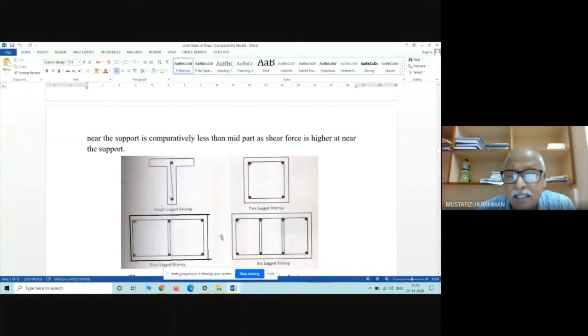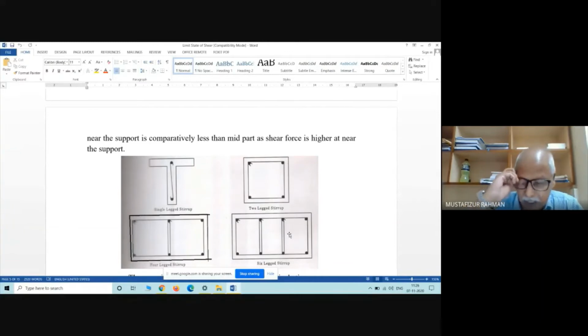And here 1, 2, 3, 4, 5, and 6 legs. Depending on the situation, we may require any one of these. But single-leg stirrups are rarely utilized. Normally, in all cases, it is a two-legged stirrup. Sometimes we may have to go higher.